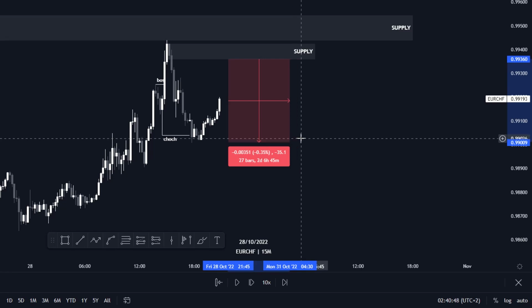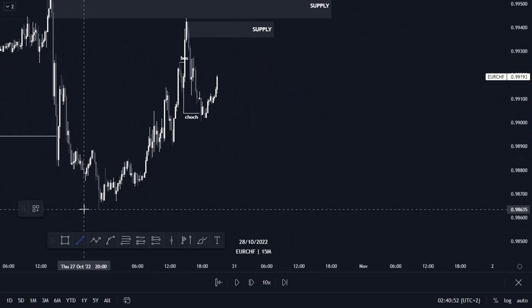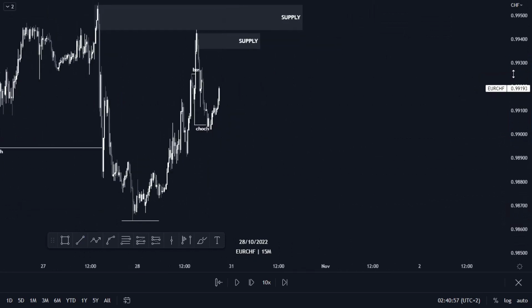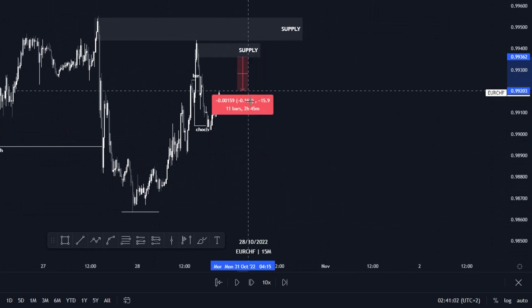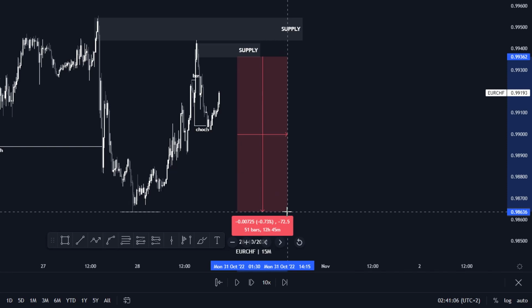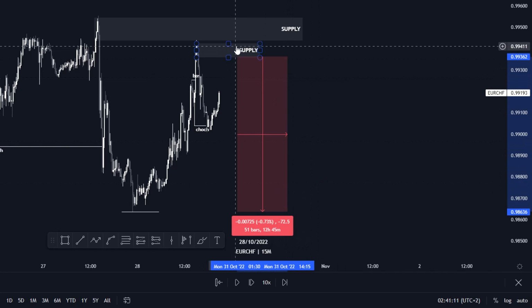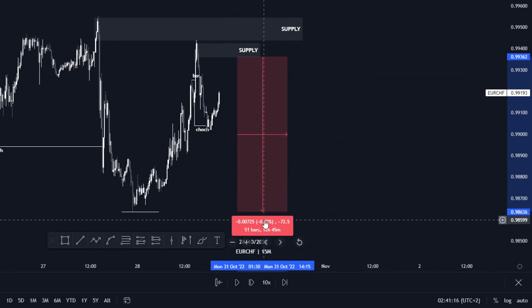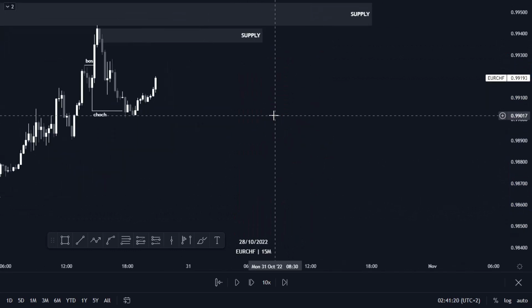But if you're holding your trade until this low here, your profit would be around $700. So you're risking 6 pips, 7 pips for a reward of $700, $800. Okay, so now let's see how this trade plays.